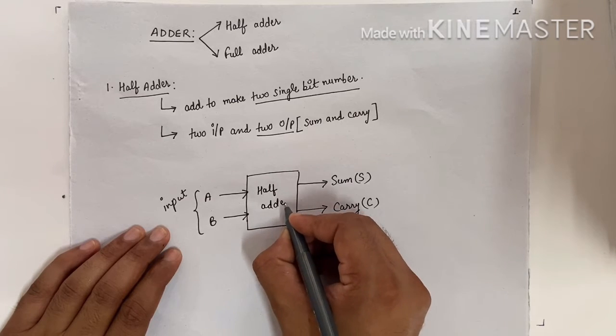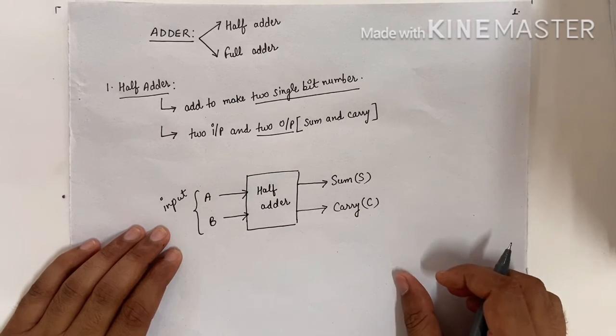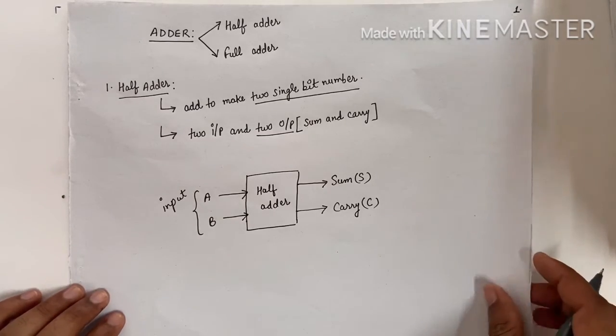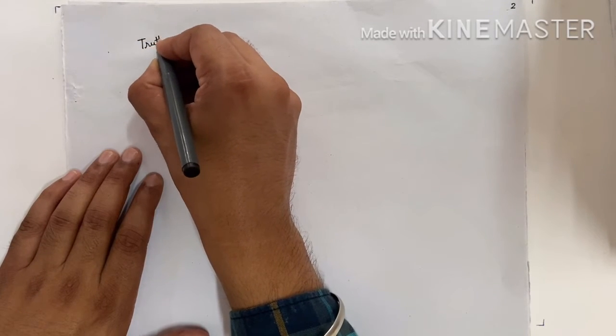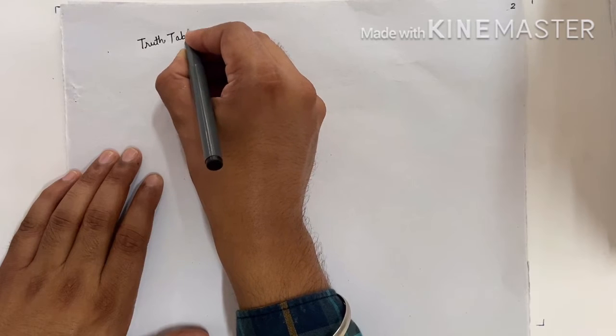Now we have to develop a truth table. So how can we consider the truth table? Firstly we put the heading truth table.